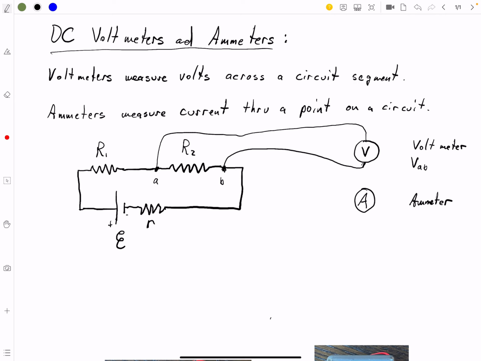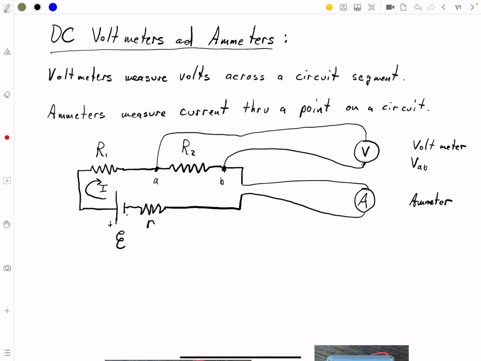An ammeter, if we want to measure the current that is going through this circuit, so there's some definite current going through, in order to do that measurement, what we have to do is break our circuit and insert the ammeter. So we cut the circuit and we run our wire to the ammeter and then back out of the ammeter.